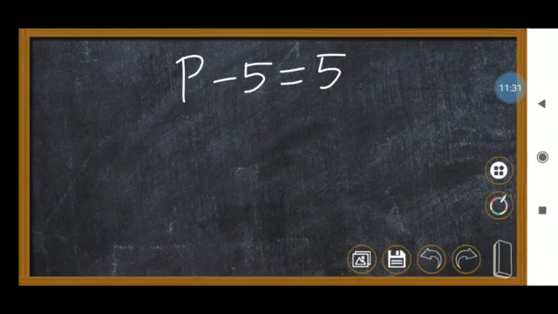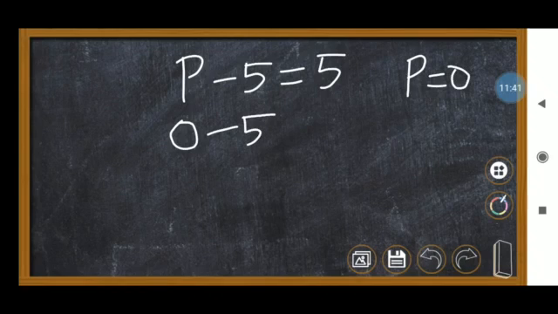So first one, P minus 5 is equal to 5. First you have to put the value 0 for P. So 0 minus 5 equal to 5.